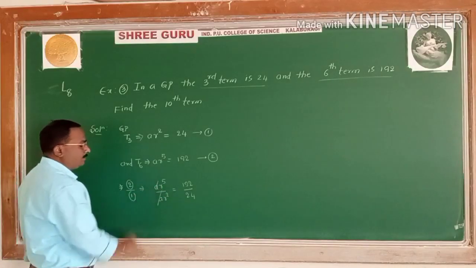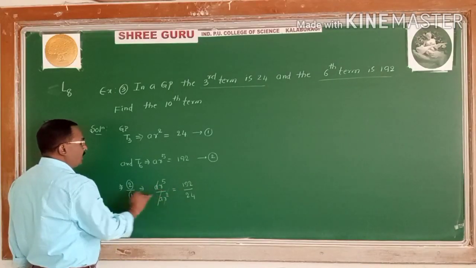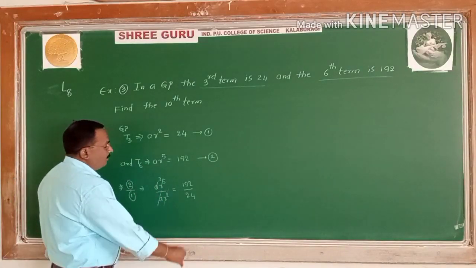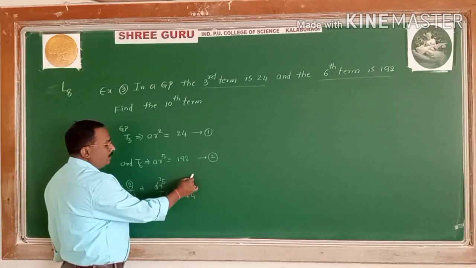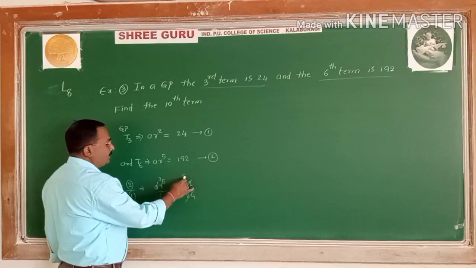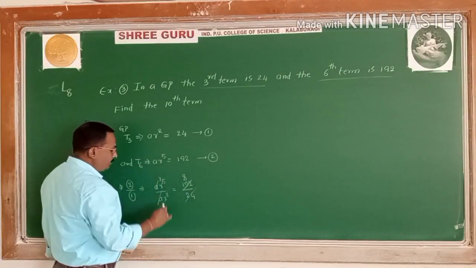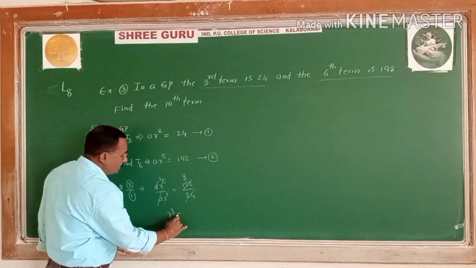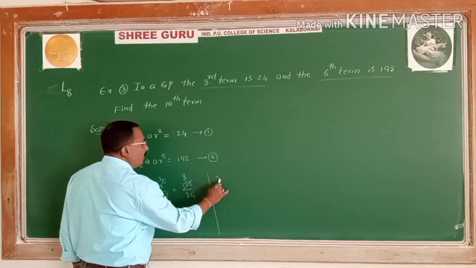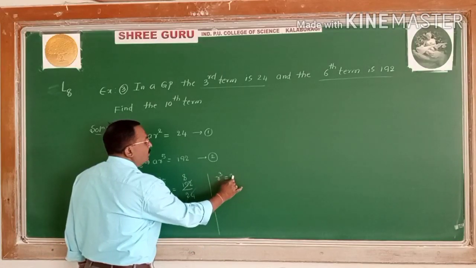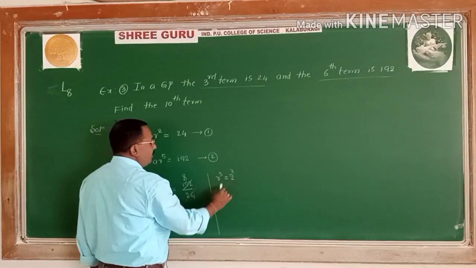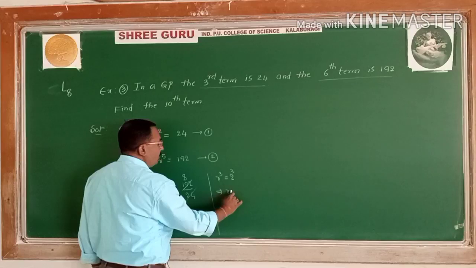A gets cancelled, R square completely cancelled, remaining R to the power 3. 24 8s are 192. R cube is equal to 8. This can be written as R cube is equal to 2 cube. By the law of indices, the powers are the same, so the bases should be equal, which implies R value is 2.